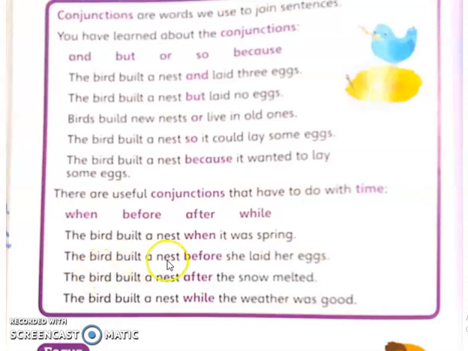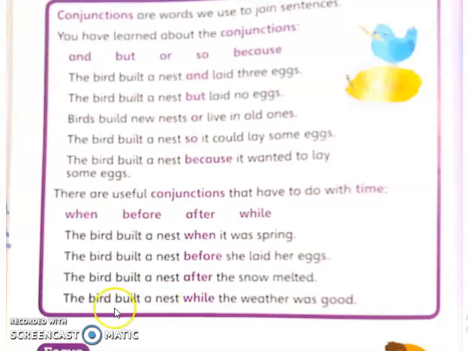The bird built a nest before she laid her eggs. Here, before is the conjunction. The bird built a nest after the snow melted. Here in this sentence, after is the conjunction of time. The bird built a nest while the weather was good. While is a conjunction of time here. Generally we use while when two actions are happening at the same time.